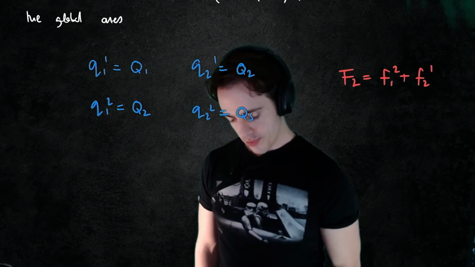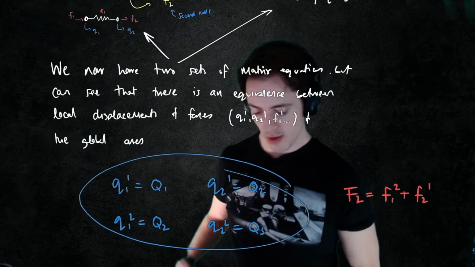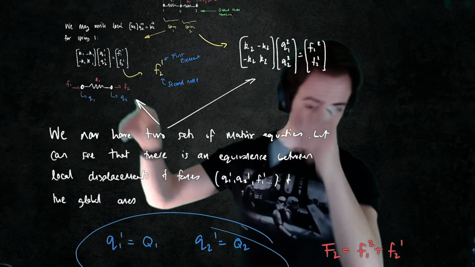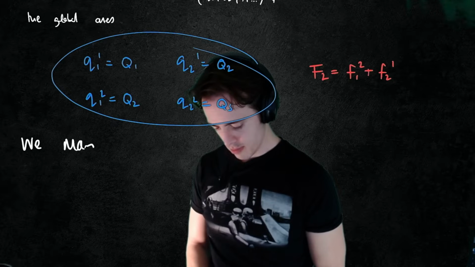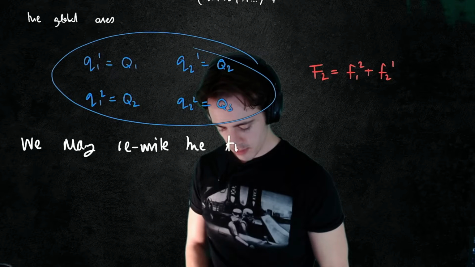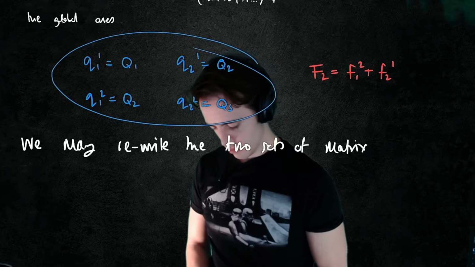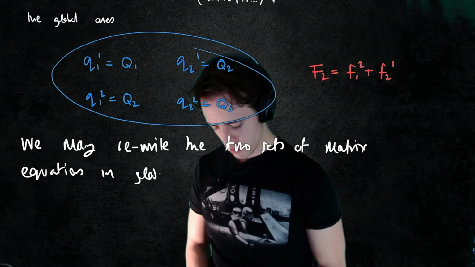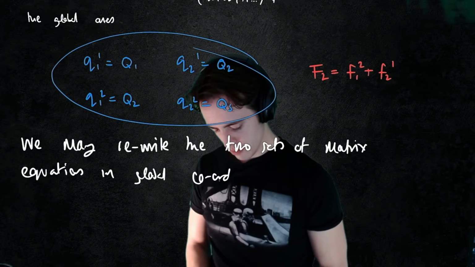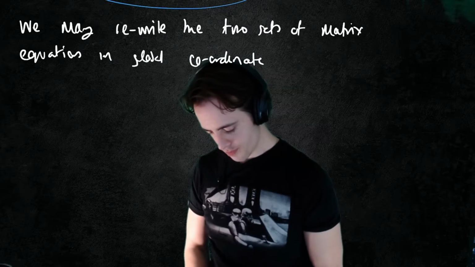So we can take these things we just developed and substitute the uppercase global coordinates into these matrix equations, which are up here. So we can rewrite the two sets of matrix equations in global coordinates.